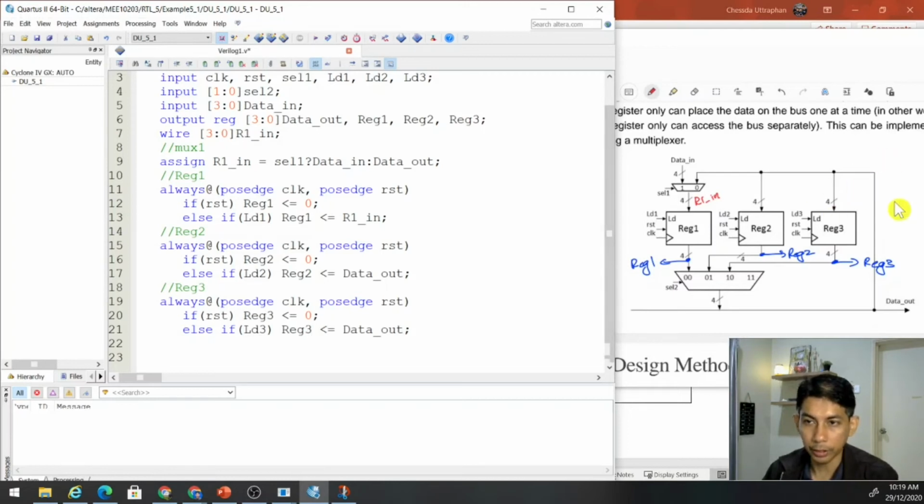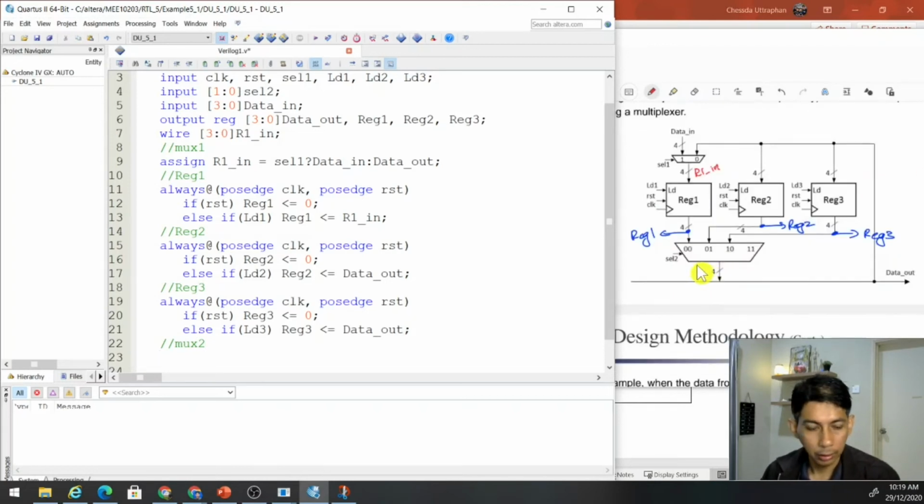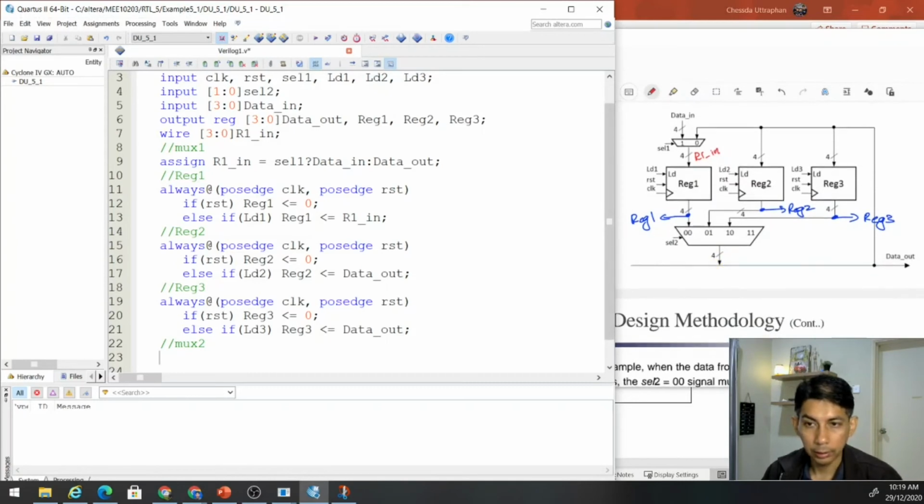So this will represent this register, right? And the last one is the multiplexer box number 2, right? Here we can describe it using behavioral modeling, which is easier because we have many inputs. So we can use a case statement here.